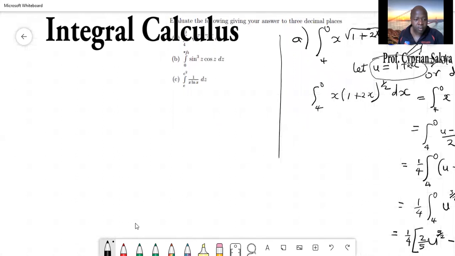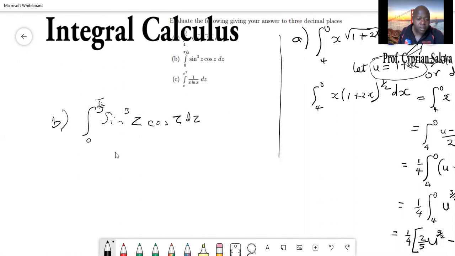Let me do it here because I can see. So part B requires us to do the integral of sine raised to 3 of z, cos z dz, from 0 to pi over 3.